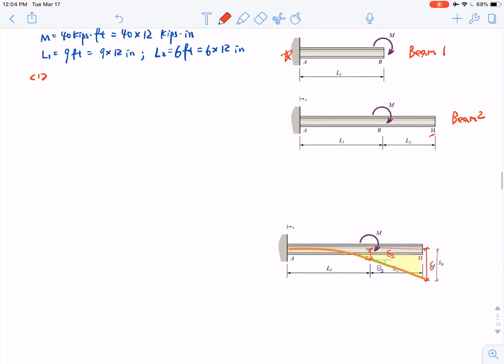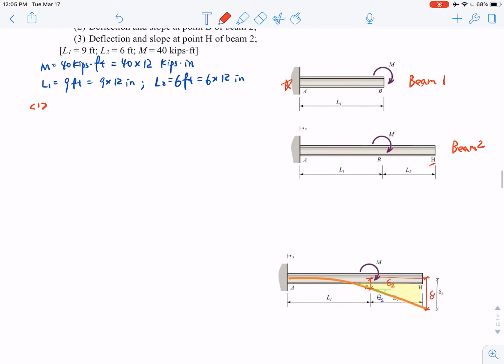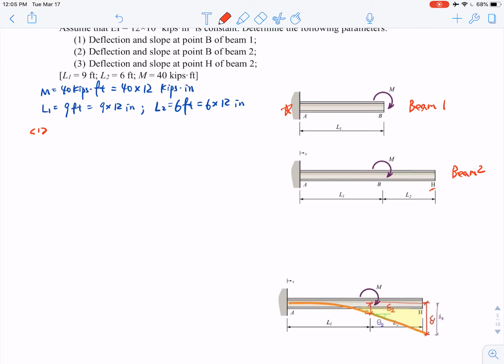We just turn to the table. And here is the case. Right, so if we want to determine the deflection at the point B, you can just directly use equation 26, and for slope, use 25.